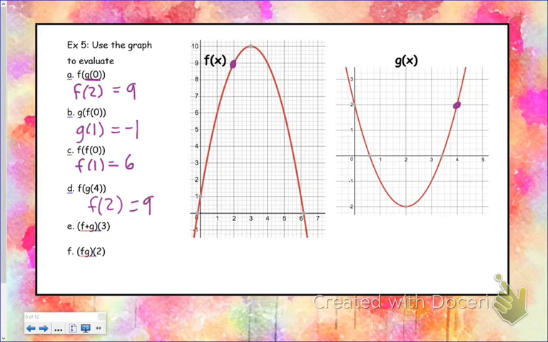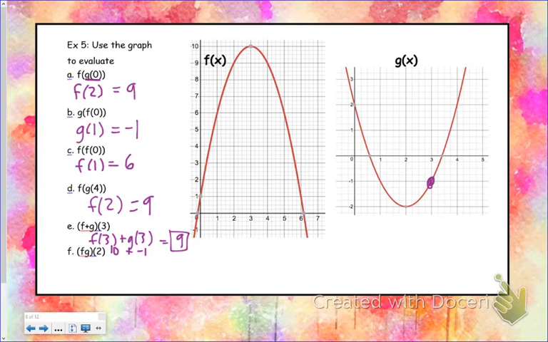And the last two, that's just operations again. F plus g of 3 means f of 3 plus g of 3. So f of 3 means when x equals 3, okay, y equals 10. When g equals 3, y is equal to -1. So 10 plus -1 is 9.